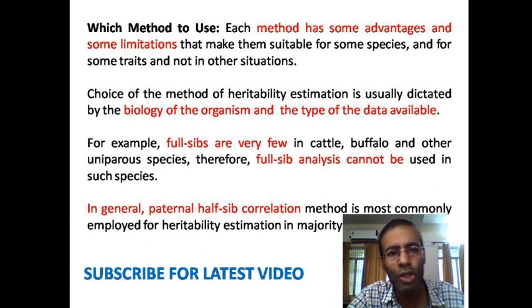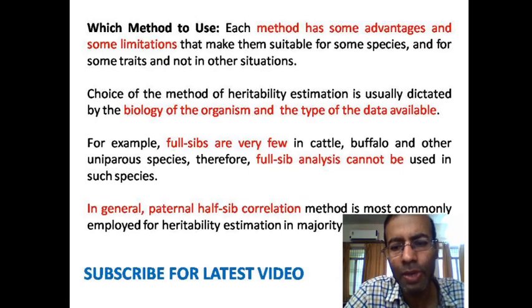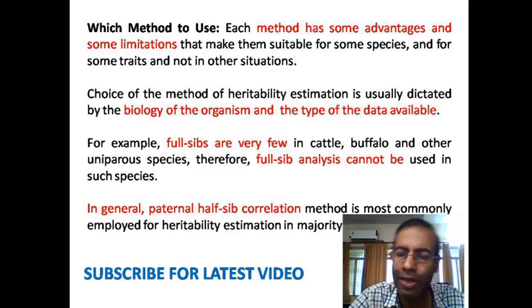Now, which method should be used for estimation of heritability? All these methods have some advantages and some limitations. We choose the method on the basis of biology of the organism and the type of data available. What is the biology of the organism?